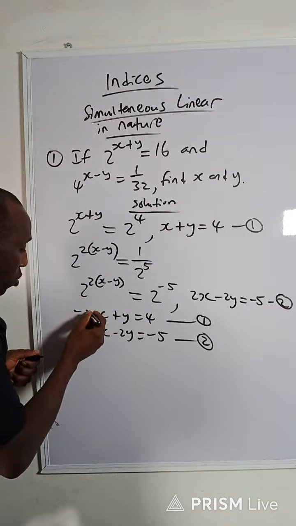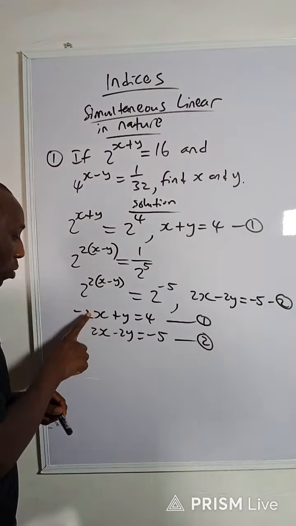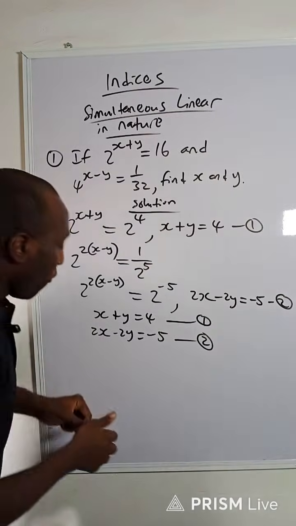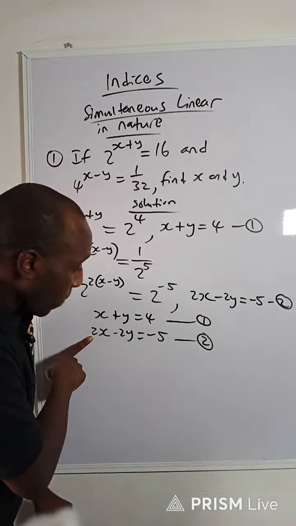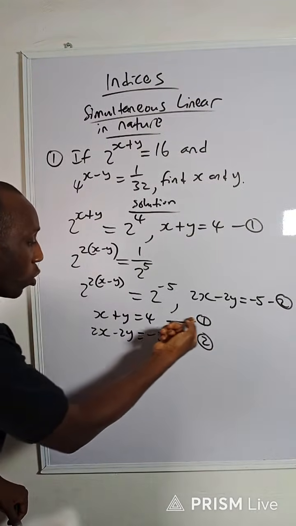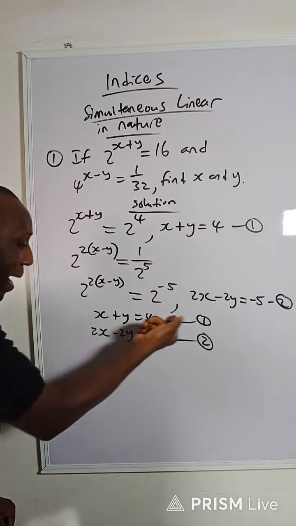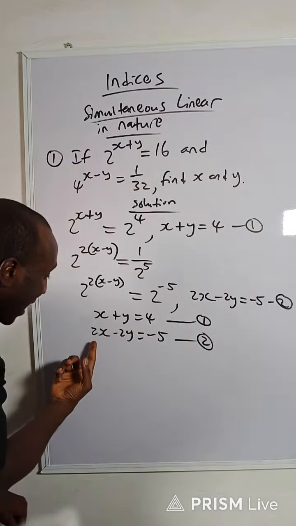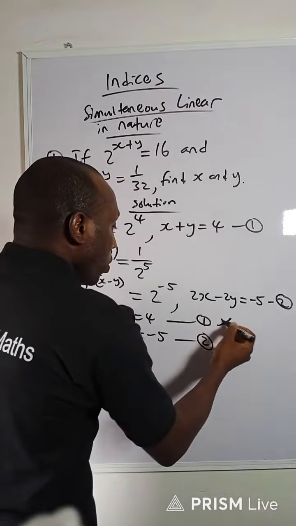But if this is minus 2x, you can add to get rid of the x term. So for me to make this one have a coefficient of 2, I'm going to multiply equation 1 by 2, which makes x have a coefficient of 2, just as in equation 2.